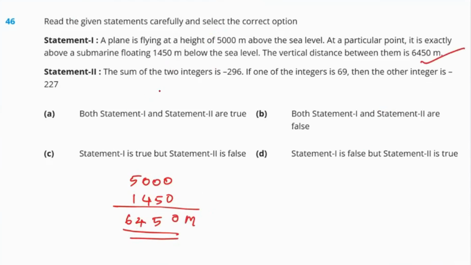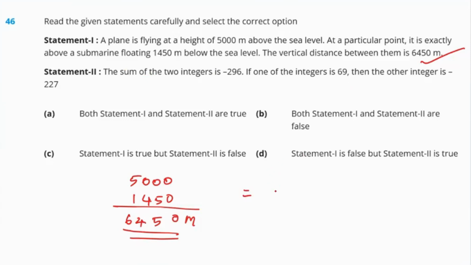In the next case, the sum of two integers is minus 296. If one of the integers is 69, then the other integer is minus 227.